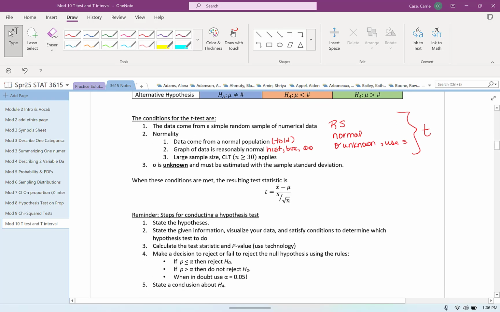When we have a t-distribution, our test statistic is x bar minus mu over s over the square root of n. And I do want to make a quick note that this test statistic, t, is robust to departures from normality.